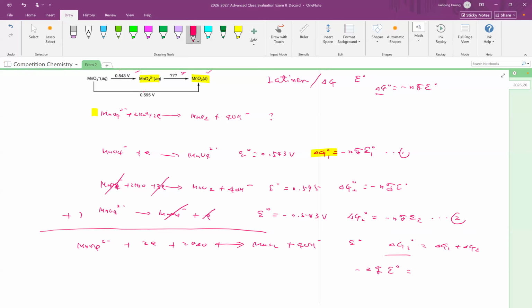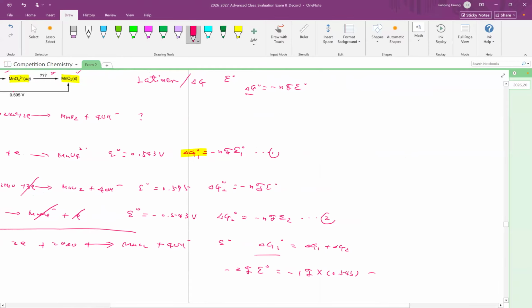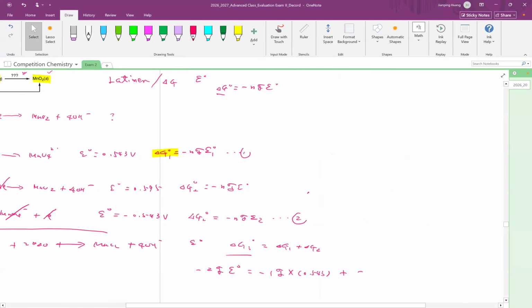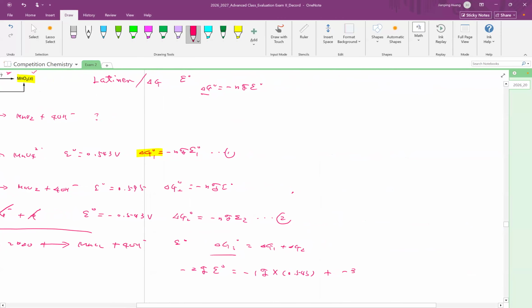Now, G1 is minus 1F times 0.534. Then you plus what? Minus, here is minus, what's the electron? Electron should be this one. Hold on. That electron should be 3, minus 3.